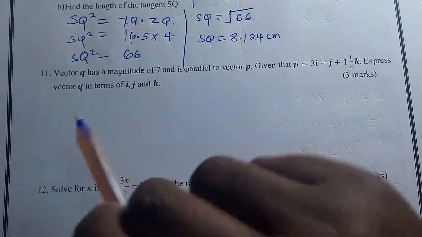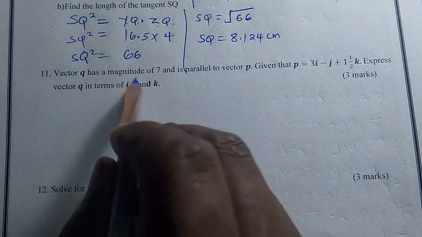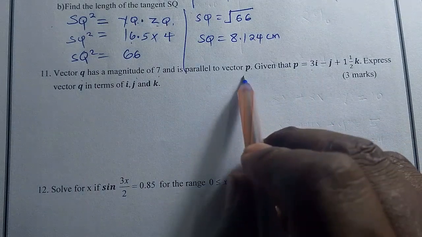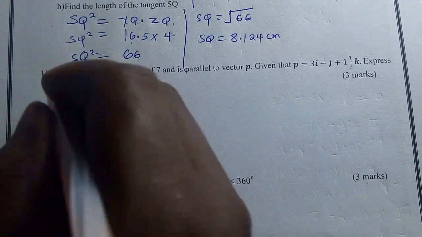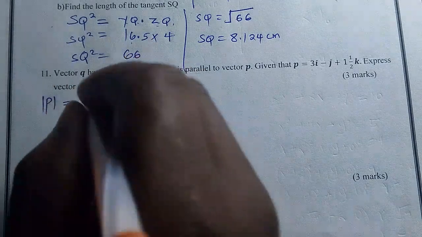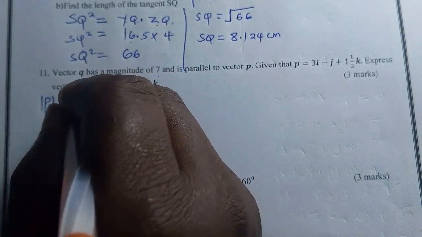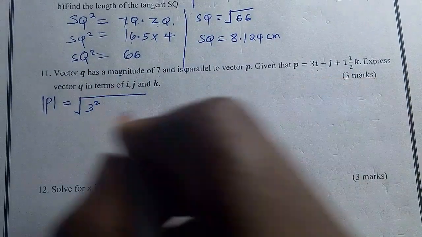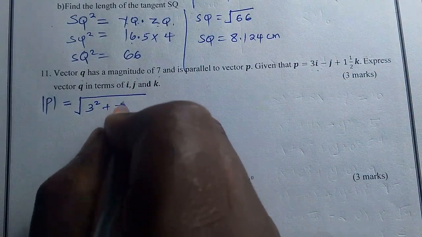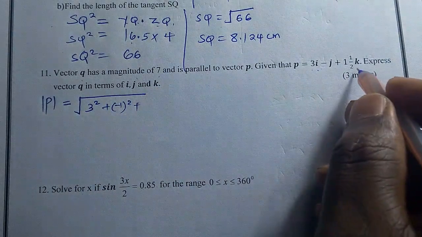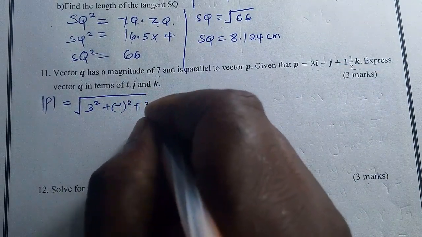So since we have the magnitude of Q and we have P, we can get the magnitude of P. So the magnitude of P is going to be the square root of 3 squared plus negative 1 squared plus 3 over 2 squared.